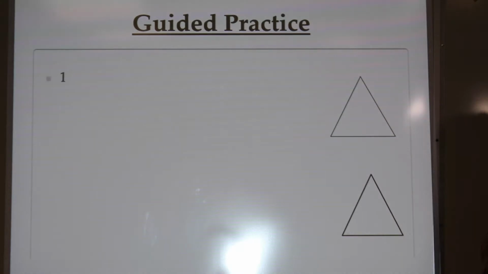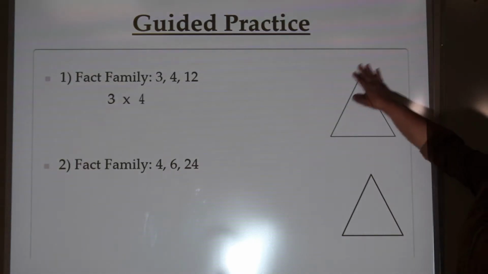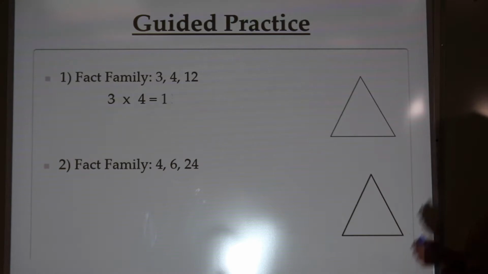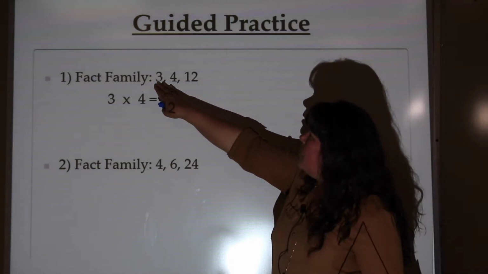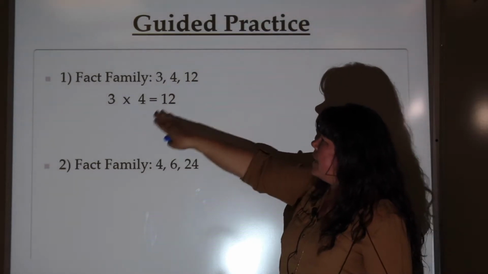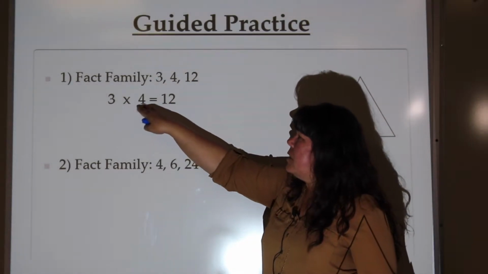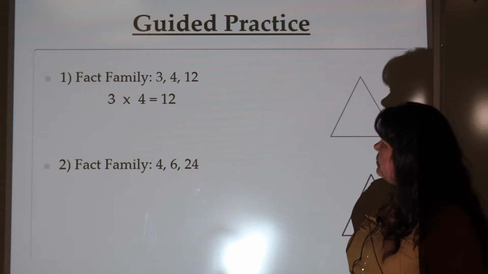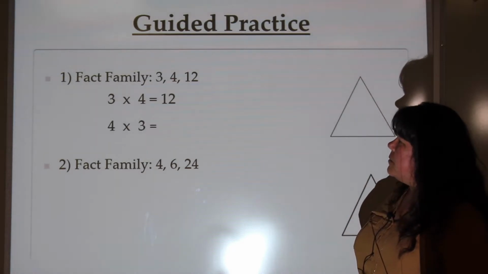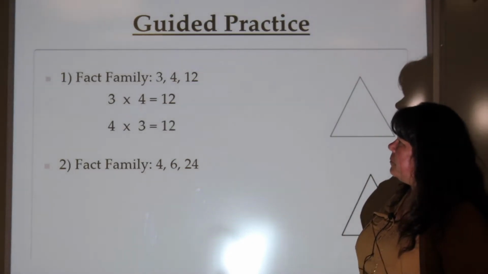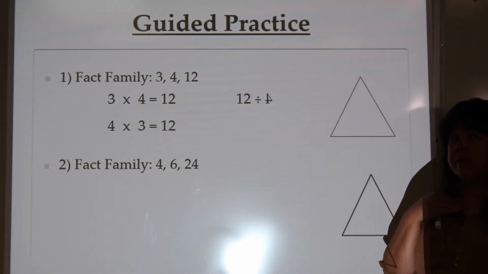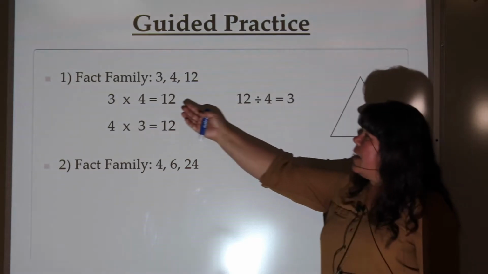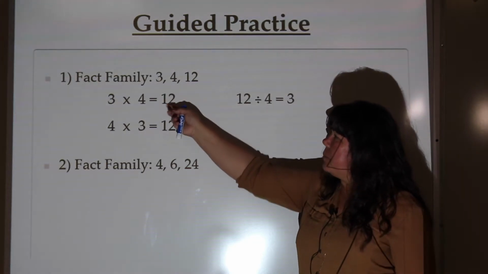So some guided practice for us is using these nice triangles to help us with a fact family. We could do the same thing with multiplication. So I have 3, 4, and 12, and I can make this 3 times 4 equals 12. 4 times 3 equals 12. Now, same as subtraction, with division, I have to start with this bigger number, which was our product.